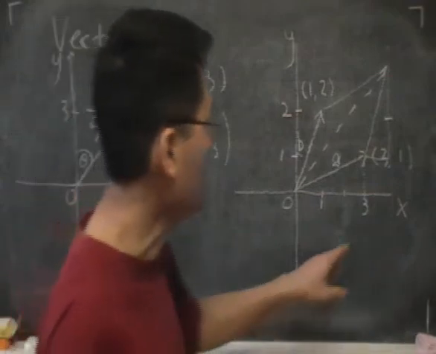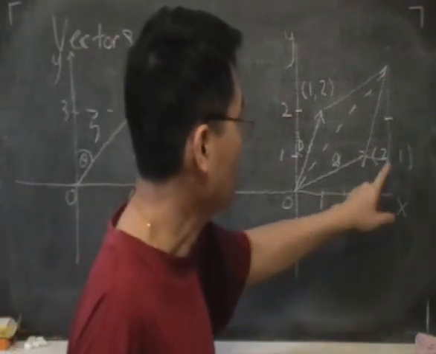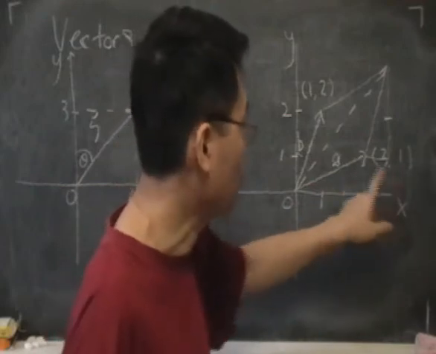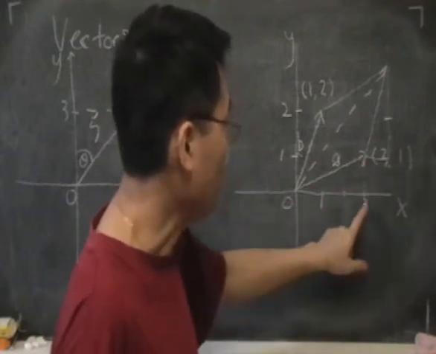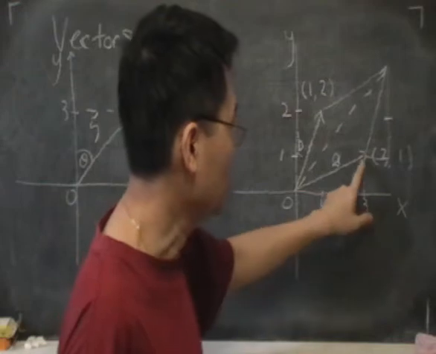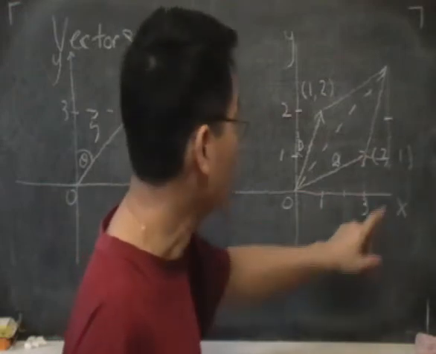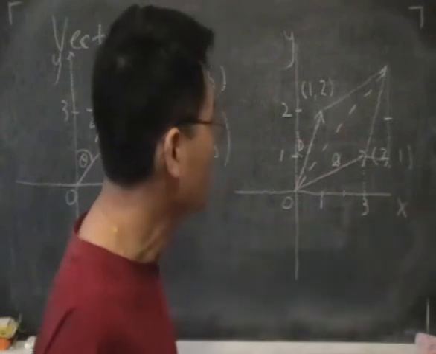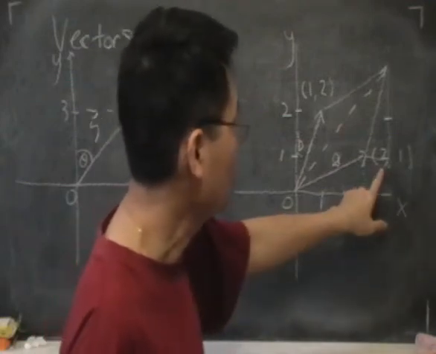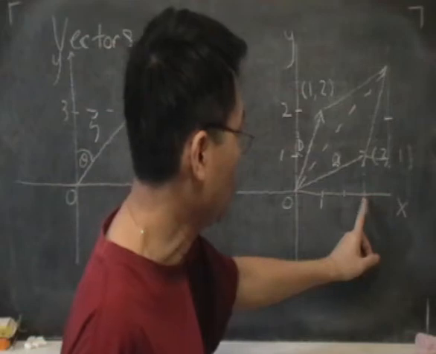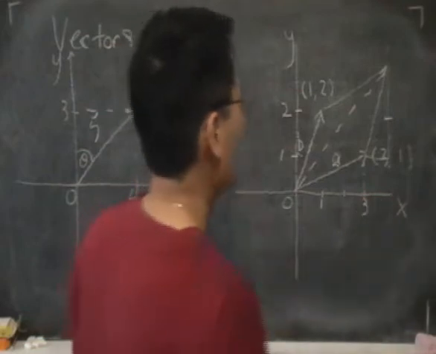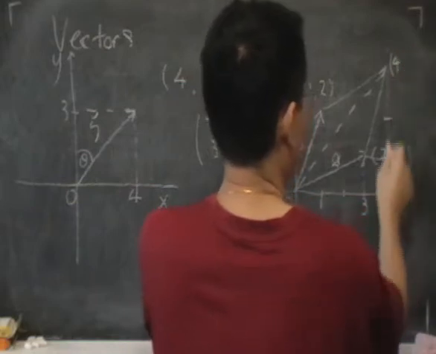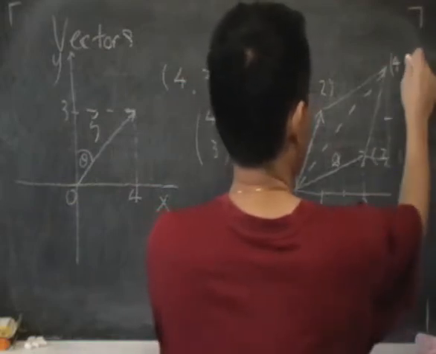So what this really means is that in order to get here, I have to start from this point, which has the x and y value of 3 and 1. So I must add 1 to the 3, to the x value, and I must add 2 to the y value in order to get here. So starting from 3, I move 1 unit to the right. So 3 becomes 4, and I move 2 units up, so 1 becomes 3.